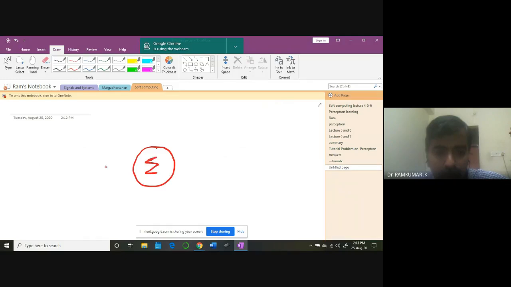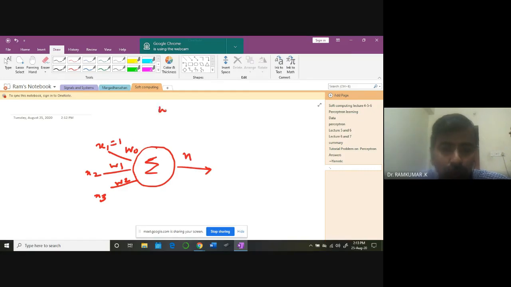Take the summation. Give all the values, including the bias. The bias input can be equal to 1 with weight W0. This is x1, this is x2, this is x3. This is W1, this is W2. What you get as output is what you call the neural network output: W0 plus W1 x1 plus W2 x2 plus W3 x3.